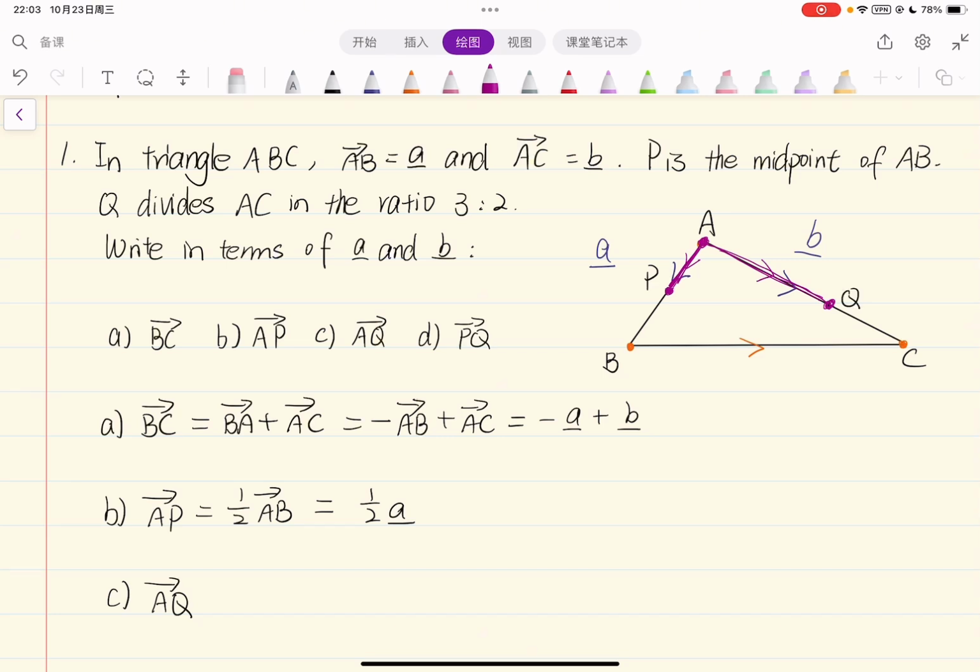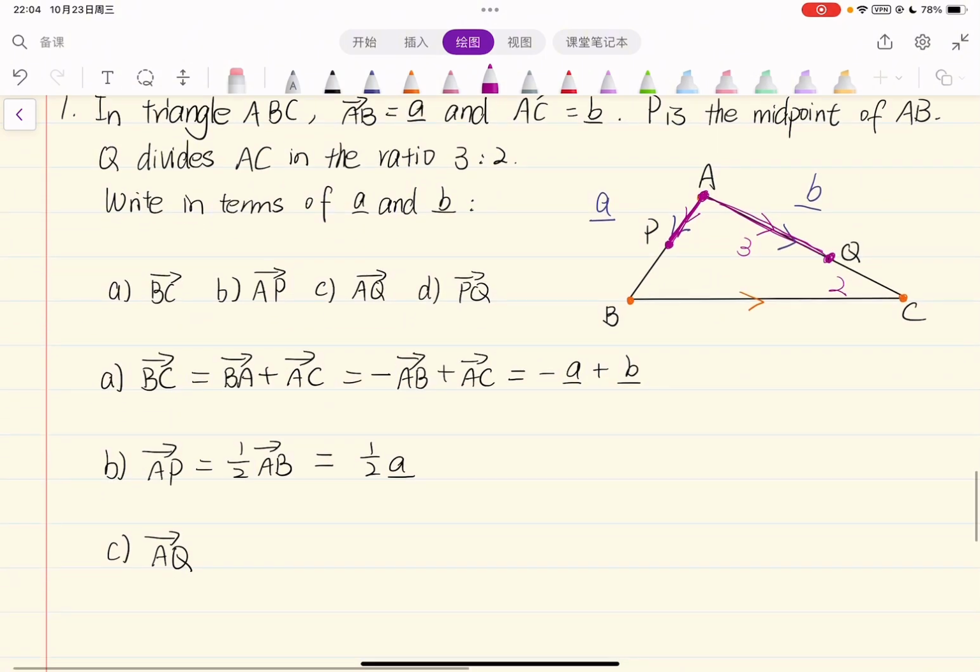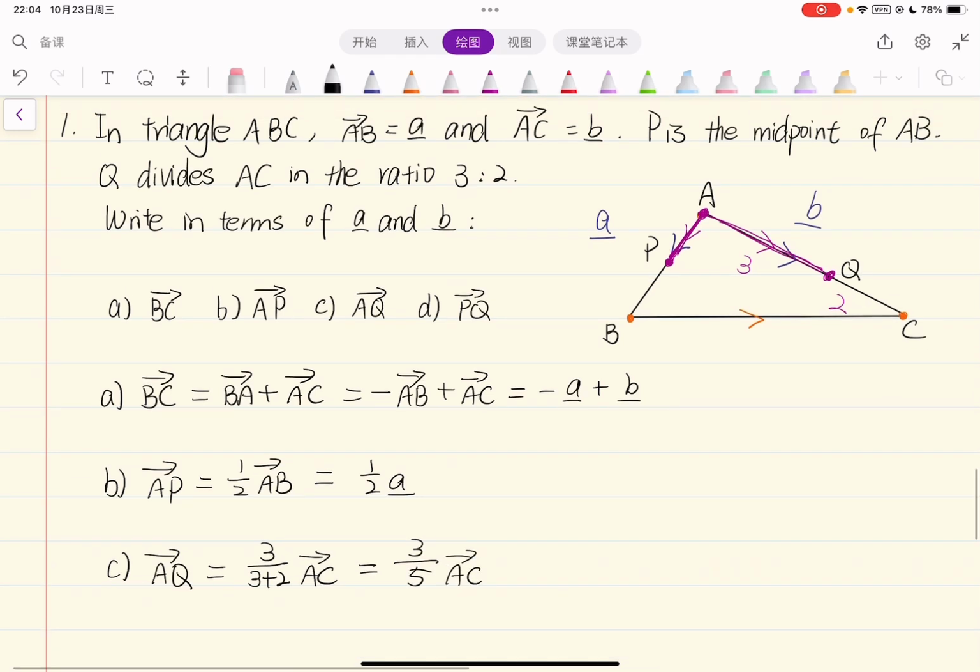So for AQ, that is 3, QC is 2. Then we get that the vector AQ equals 3 over 3 plus 2 vector AC. That equals 3 over 5 vector AC, and we know that vector AC equals vector B. So we have 3 over 5 vector B.